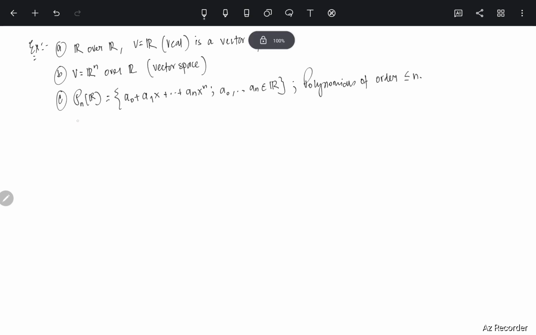With this you can of course see that this is also a vector space.